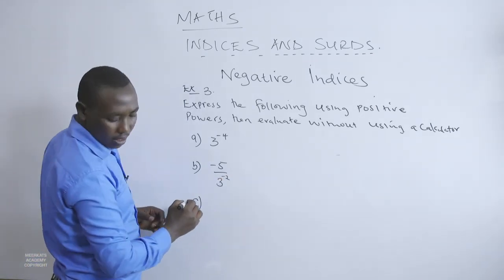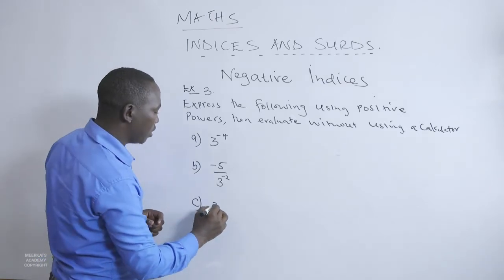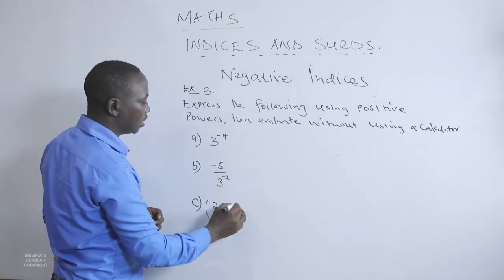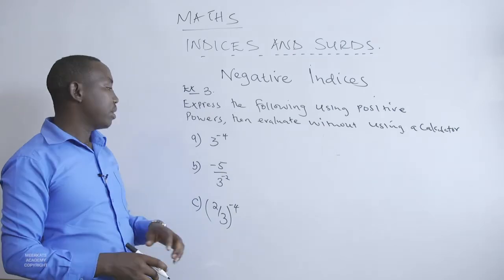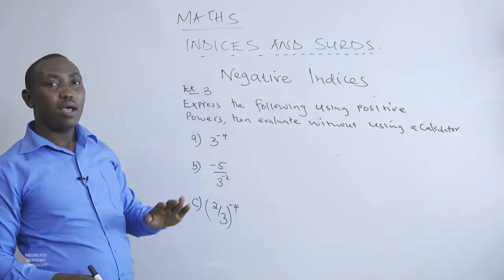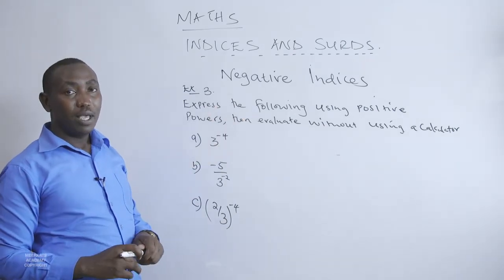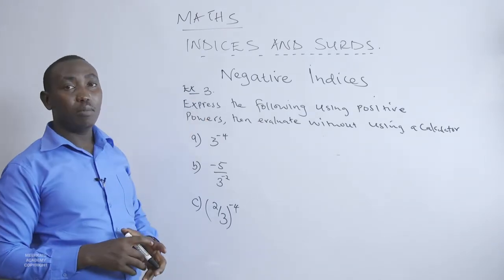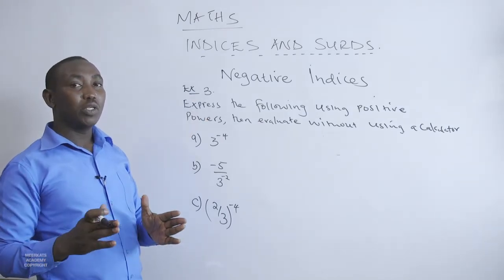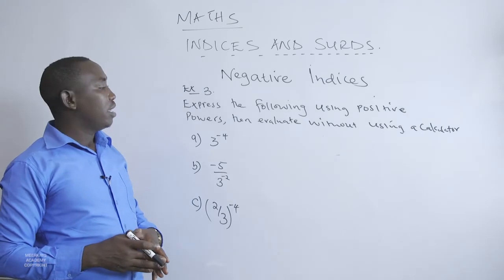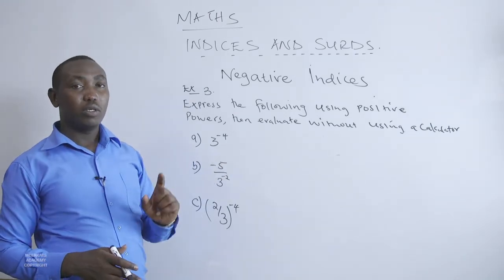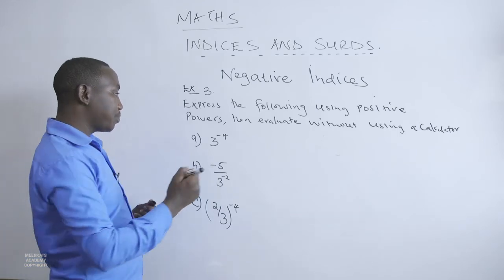Then number C, we have 2/3, the whole of it raised to negative 4. So this question has got 2 parts. The first part is to rewrite these problems in positive powers. Then we move in and evaluate without using a calculator.